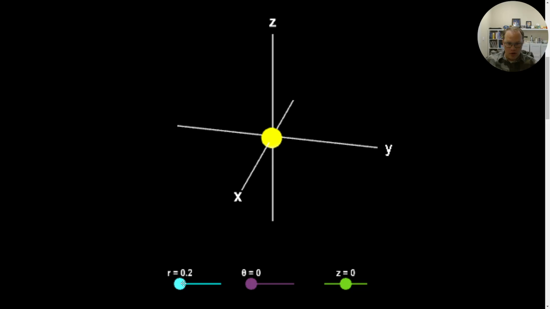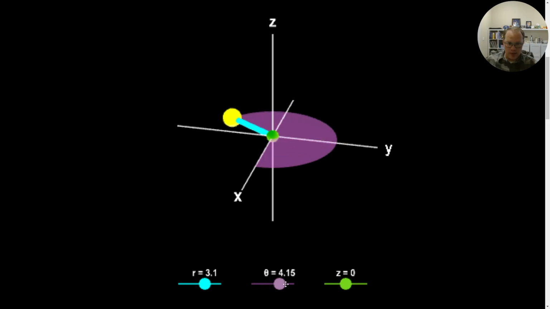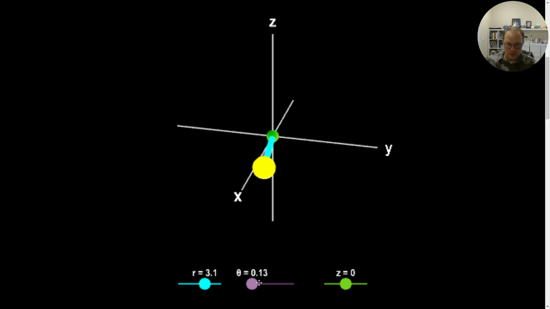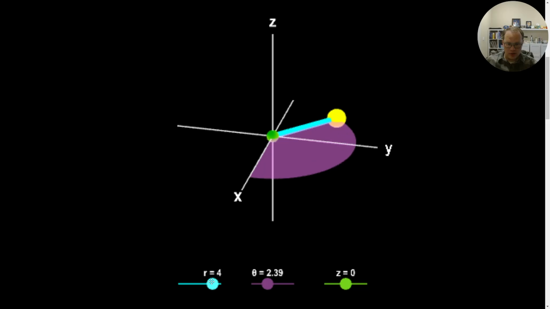So r tells us how far out to go, and theta tells us which direction to point in the xy plane. Once I pick a direction, r tells me how far I go out in that direction. And then, once I've chosen that point, I can move up or down by changing the z.